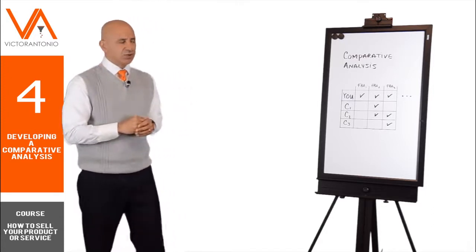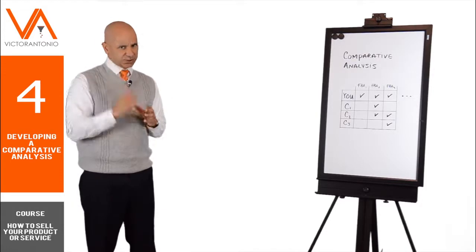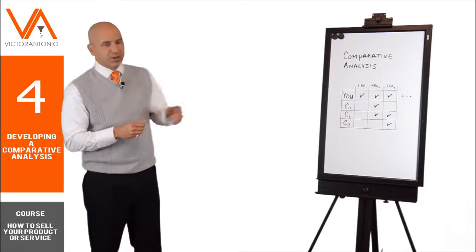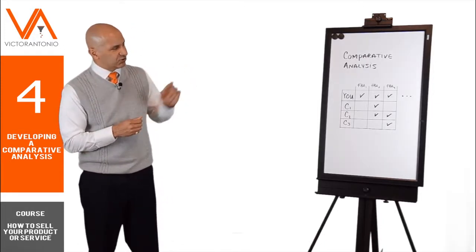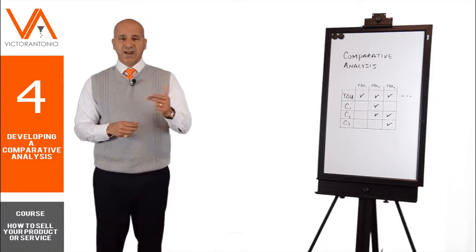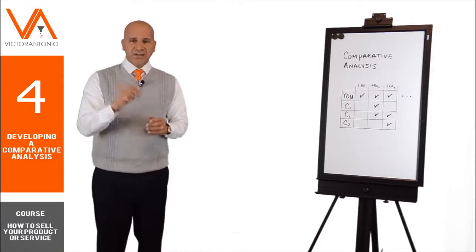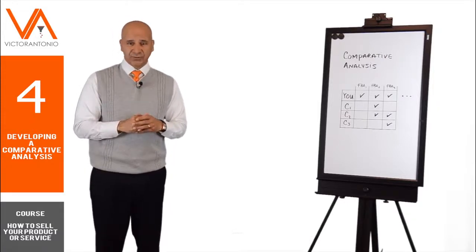And what I want you to do is fill out this little comparative analysis chart that I have here. Here's what you're going to do. On the left column right here, you see where it says you, that's your company. Now across the top, you see it says FBA 1, feature, benefit, advantage 1. In other words, write down a feature, benefit, advantage at the top that you currently have with your product or service.